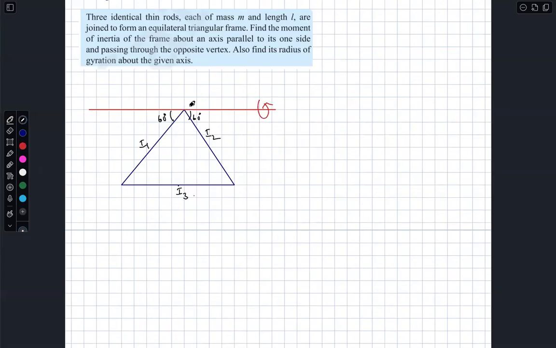See, please try to understand, with respect to this axis, this line is parallel. So in such a situation, out of all, the simple one is I3, which is M. That's the question, I3.